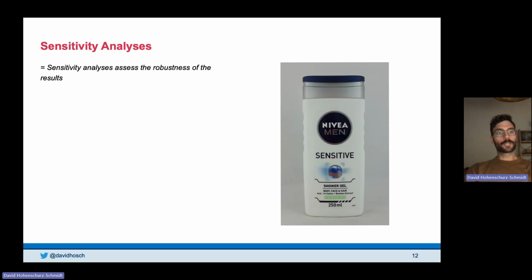I've touched on sensitivity analyses before. They're really a good thing, one has to say. They show that study authors were critical and interested in really looking at their results from different angles to show how robust their results were.